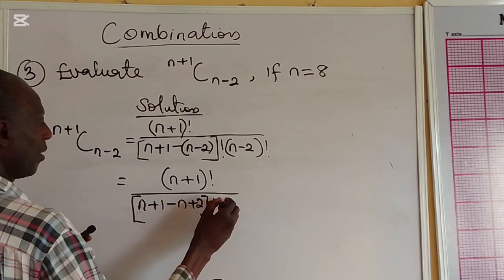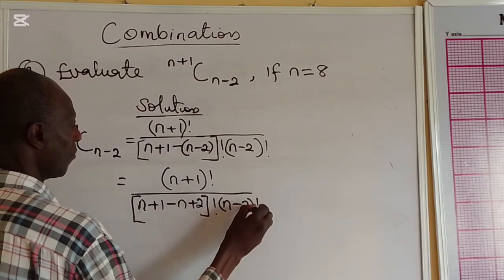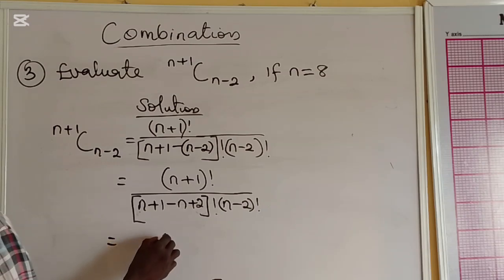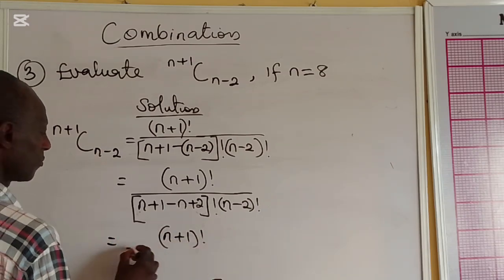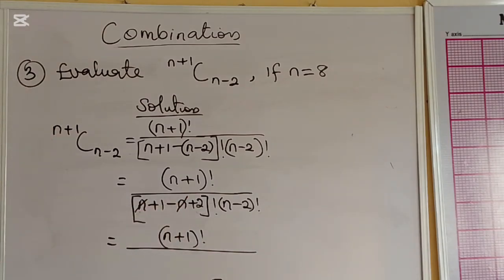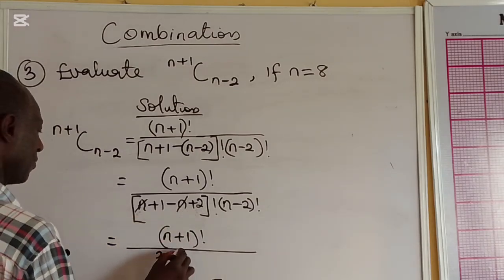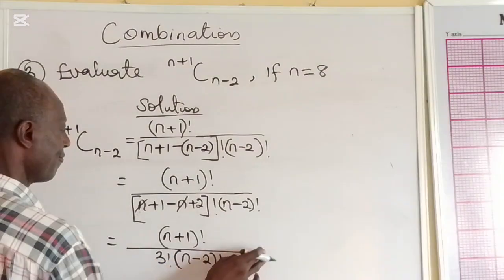Now, here is now (n minus 2) factorial. So it's the same thing as n plus 1, n minus n is 0, 1 plus 2 is 3. So here is 3 factorial into (n minus 2) factorial.